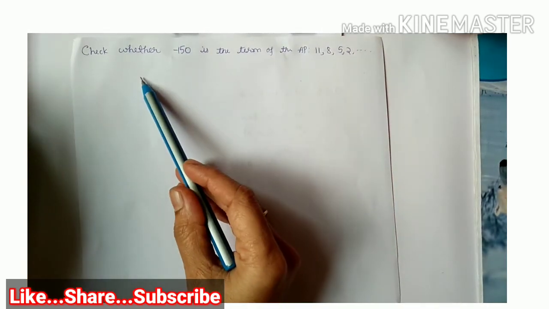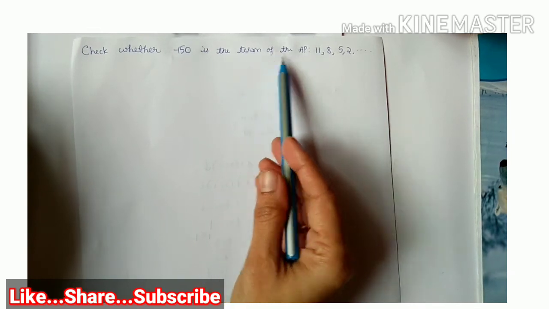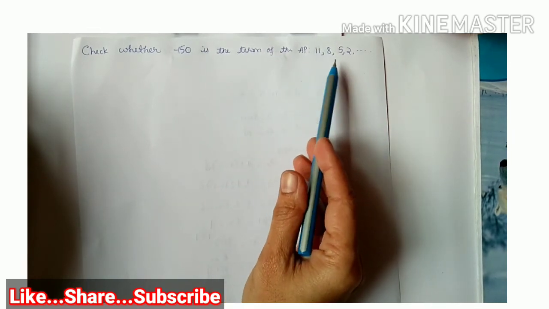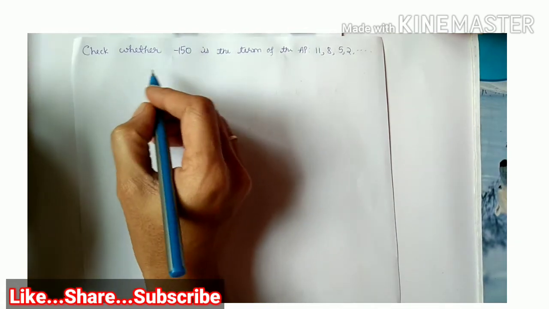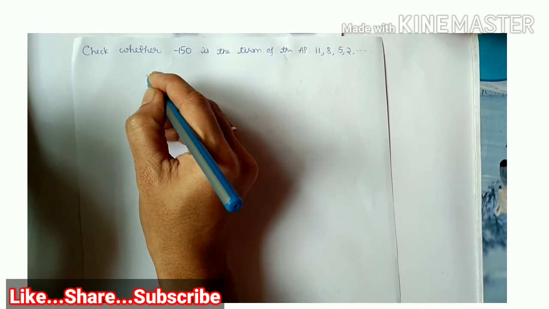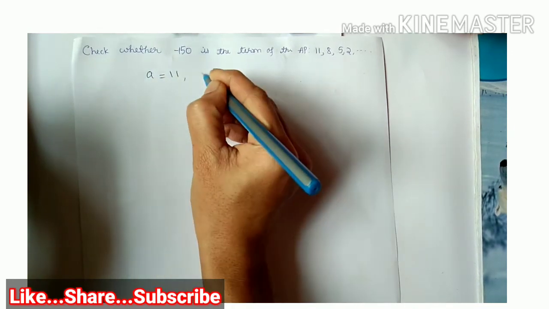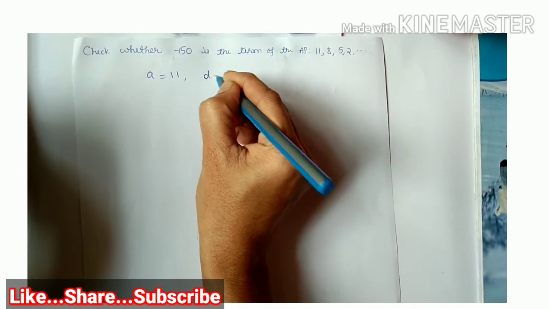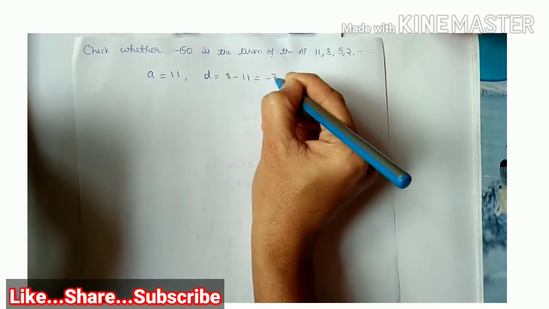Next example: check whether -150 is a term of the AP 11, 8, 5, 2. Let us solve this problem. Here the first term a is equal to 11, and the common difference d is the second term minus the first term, 8 minus 11, which is -3.